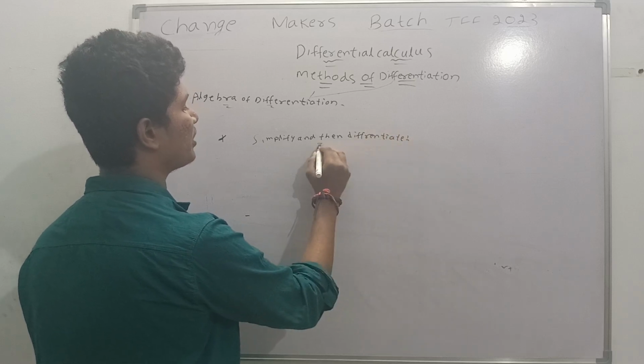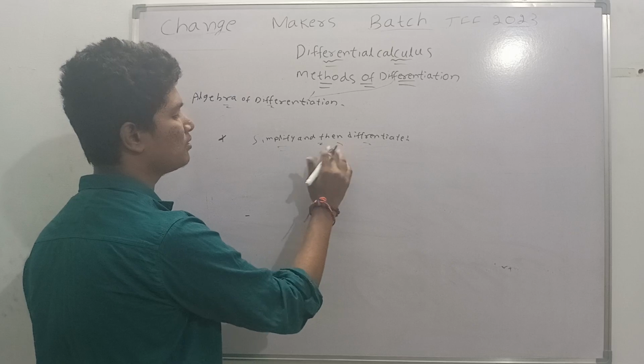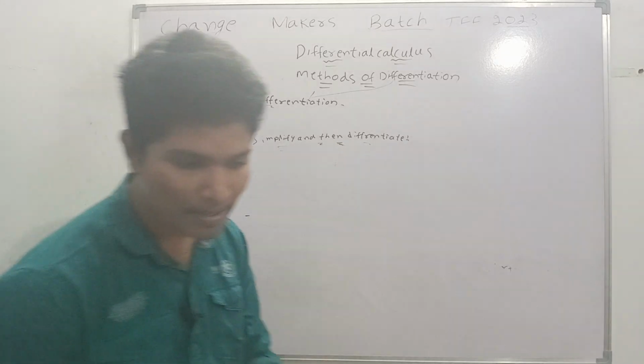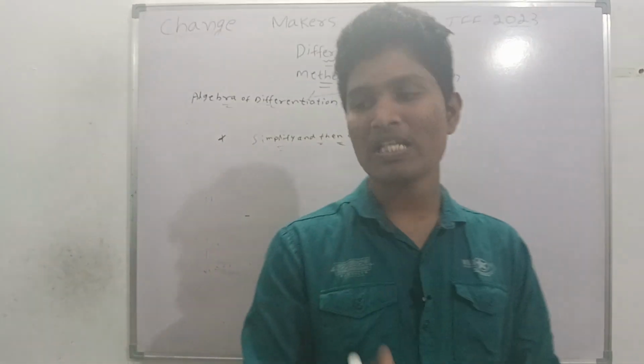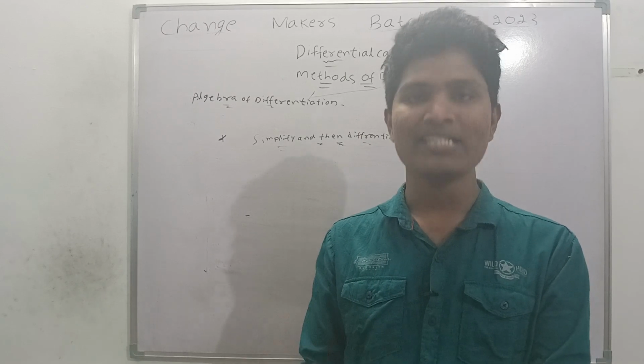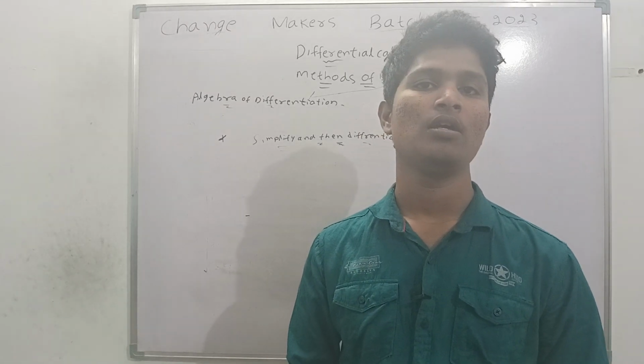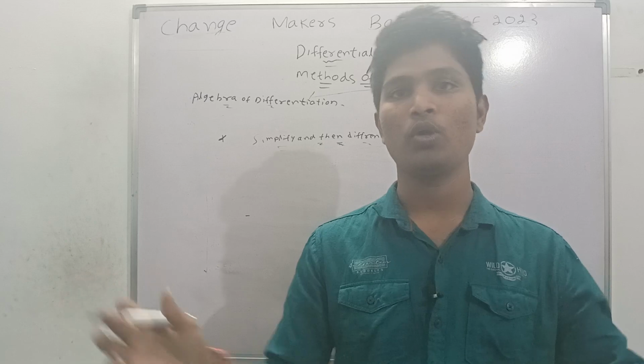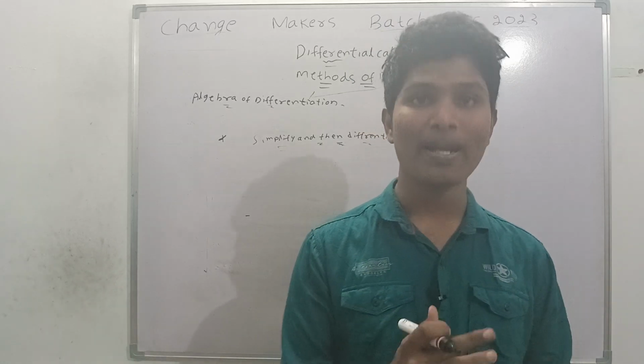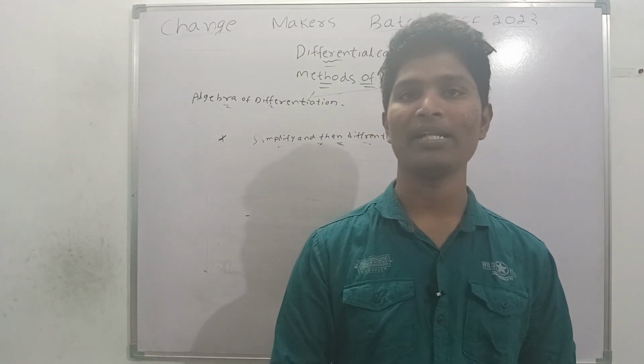You already know the meaning of this. It means you have to simplify the given function into a smaller function, and next you have to apply the differentiation process. If it is this big, you cannot apply the differentiation. If you apply, it will take a long time to complete the procedure.